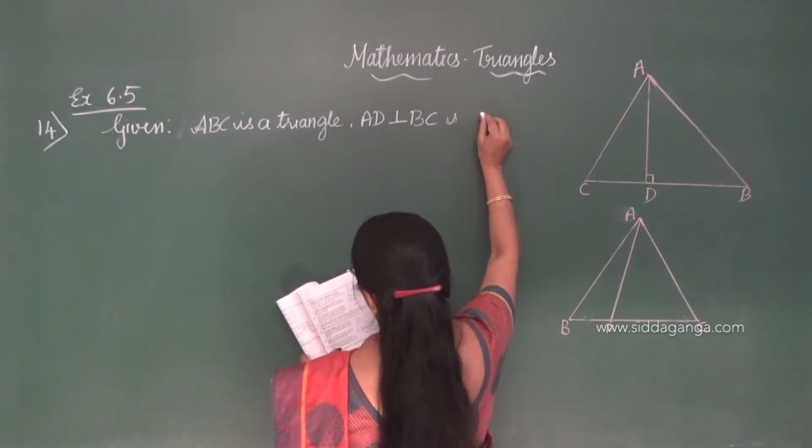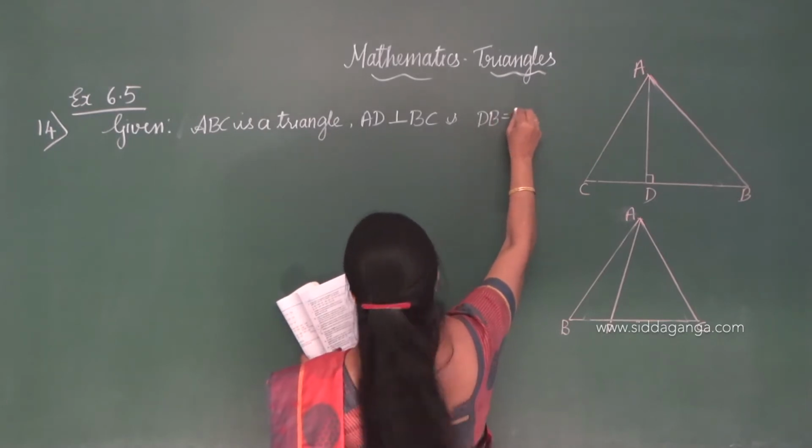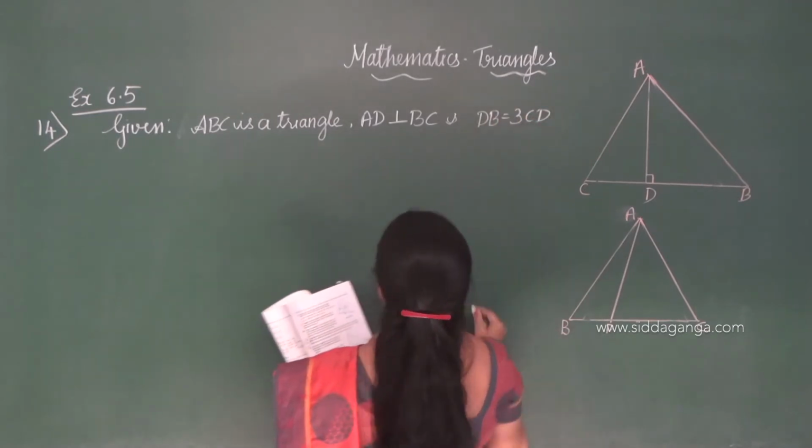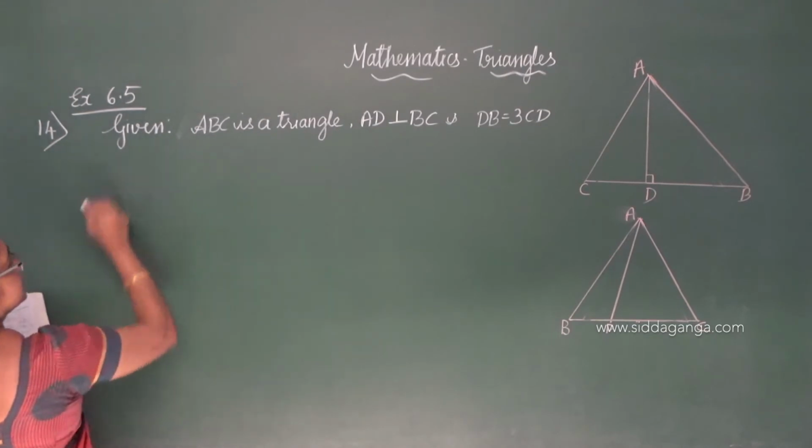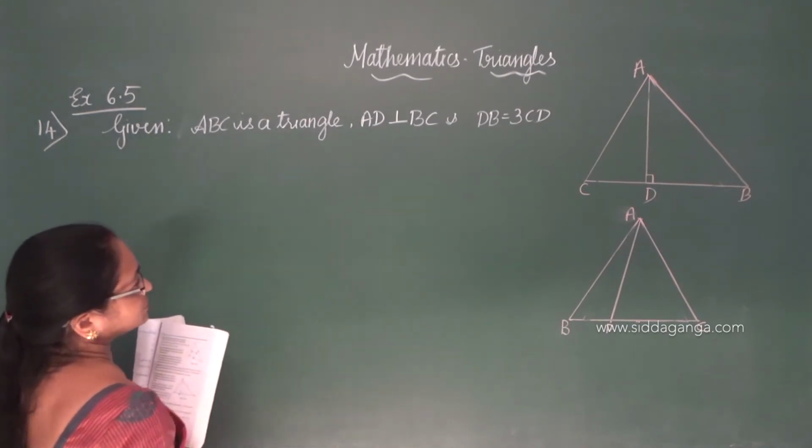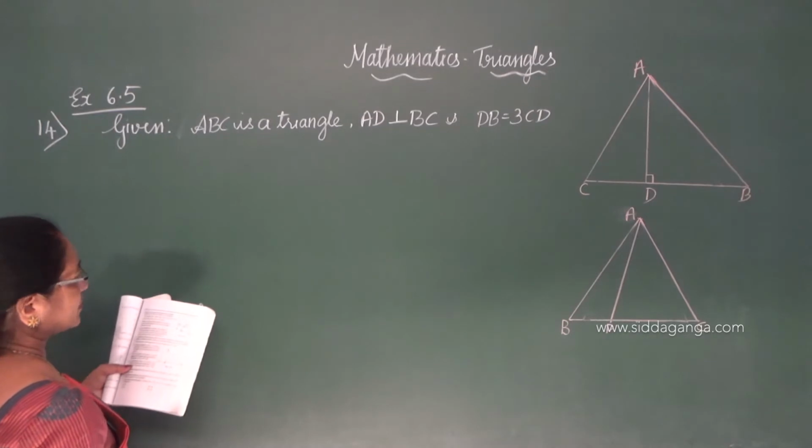I told you DB is equal to 3 CD. Understood? DB is equal to 3 CD.